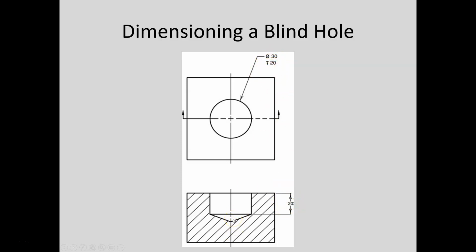Notice that we do not include the cone tip that is generated by the drill bit, right? That's an artifact that we need to show on a drawing if we have a blind hole, unless it's made by a flat bottom drill, right? But we don't dimension to that. That's not included in the depth.